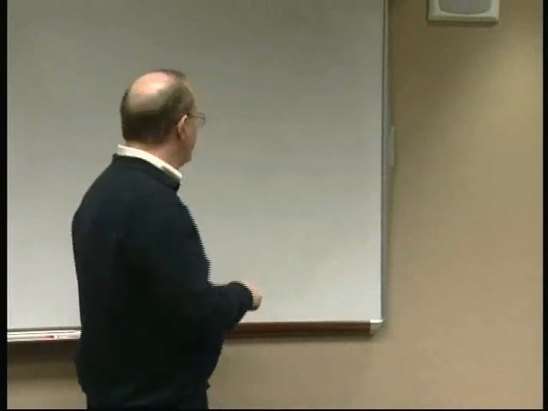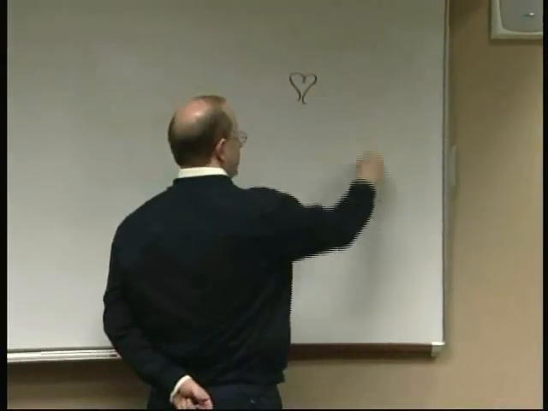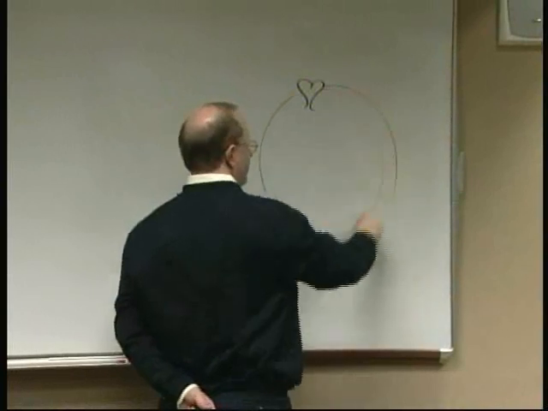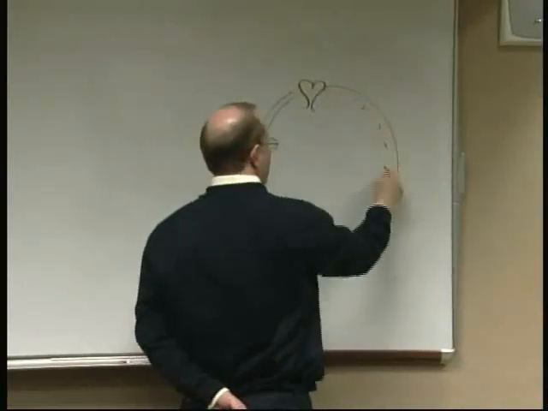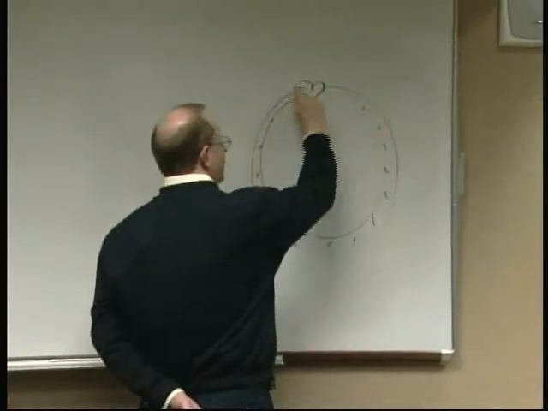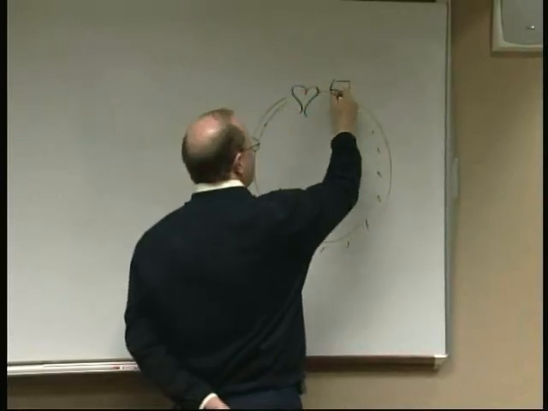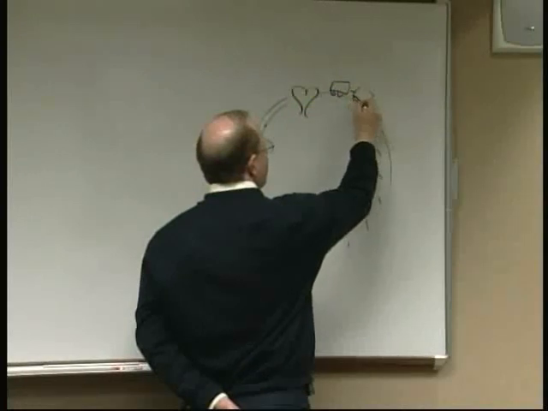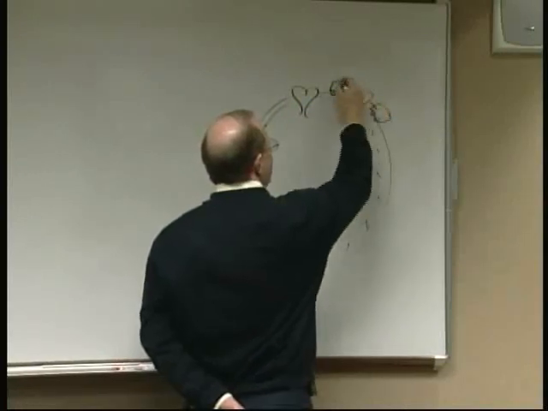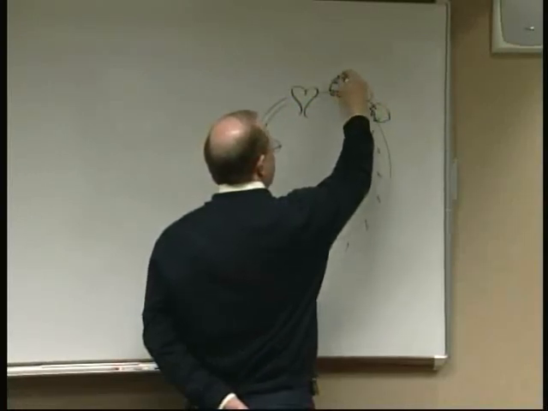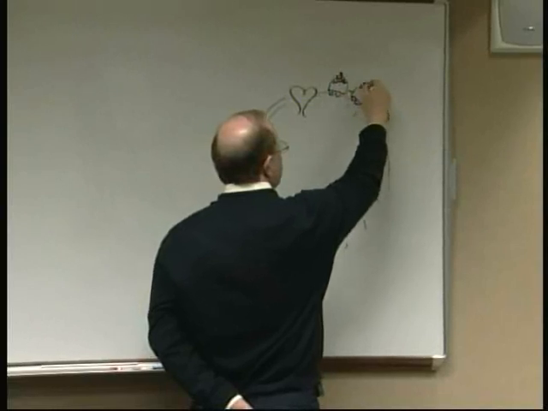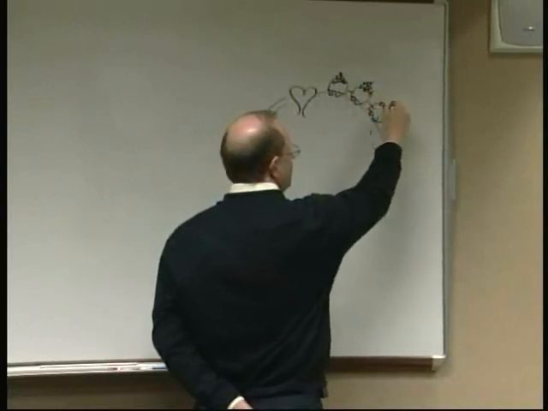So think of this as a train. Here's your heart and your lungs, and there's this train track that goes around. And this is going to go all the way around the body, and it's going to come back to the heart again. And we have a train car. In fact, we have 3 train cars, let's say. And they're full of oxygen molecules, because they just came out of the lungs, right? They just went to the lung, got oxygen.